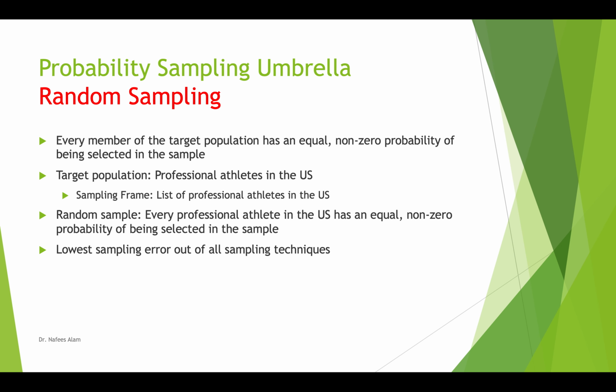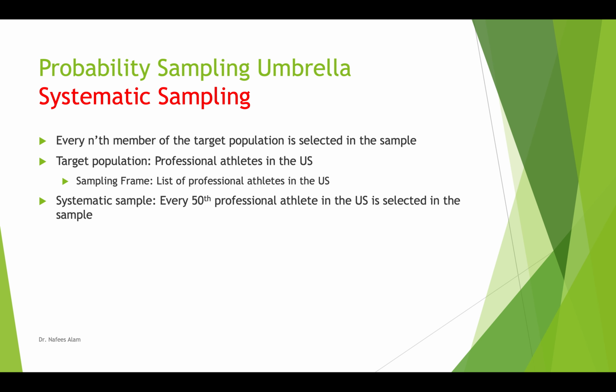A random sample here would be every professional athlete in the US has an equal non-zero probability of being selected in the sample. And this random sampling has the lowest sampling error out of all sampling techniques. So this is thought to be the best sort of sampling when your goal is to reduce sampling error.